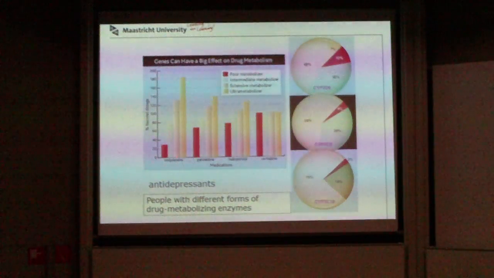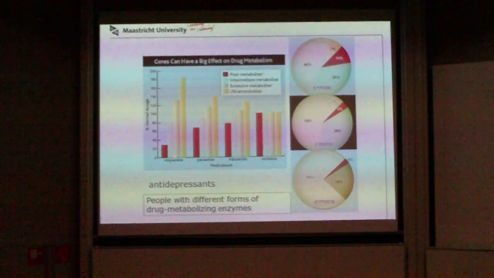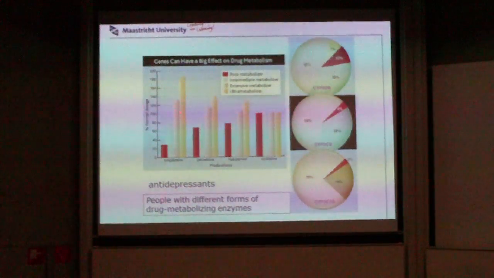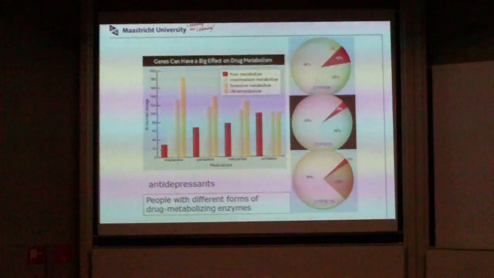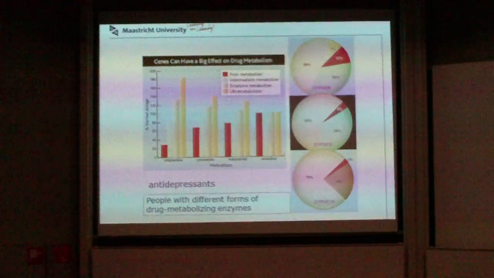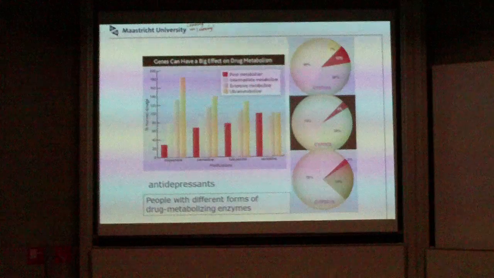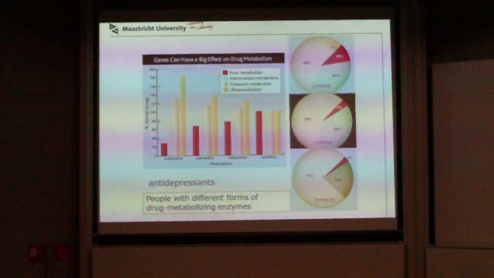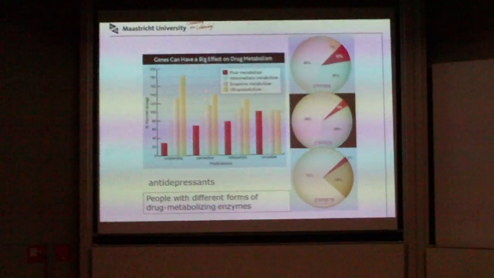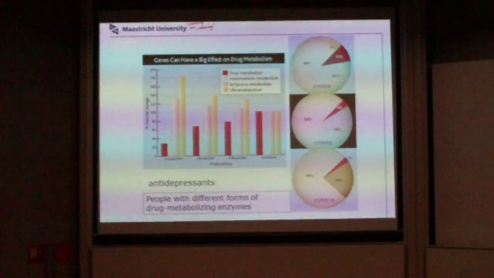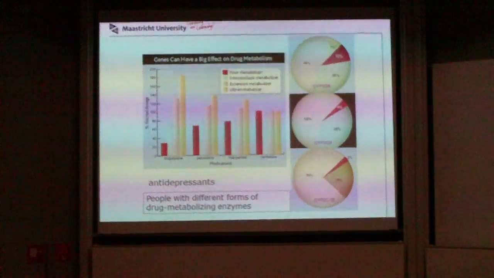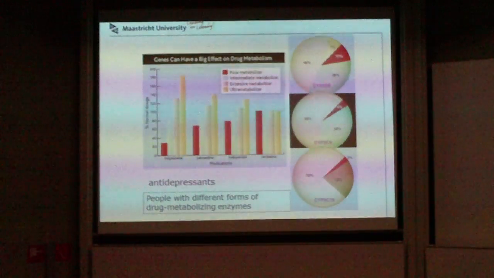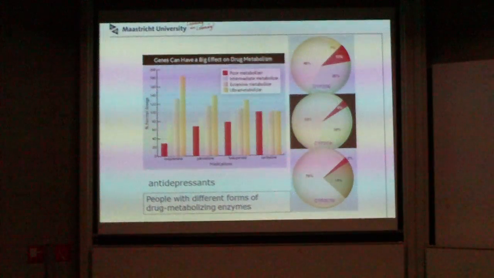And if you then see, for this compound, for instance, if a normal dosage would be 100% on average, it means that if you are a very poor metabolizer, you only need 25% of the dose to have the same effect. And if you have ultra metabolizing capacity, then you may need twice as much to get the same effect. Now, I don't know if you maybe know someone who uses this type of drugs.